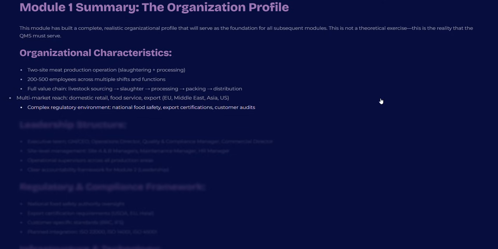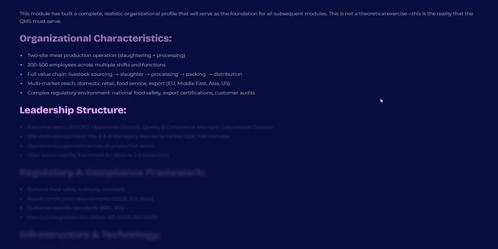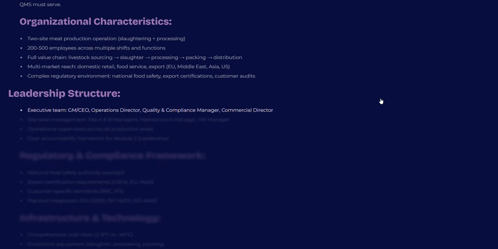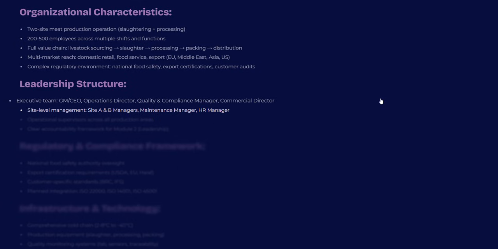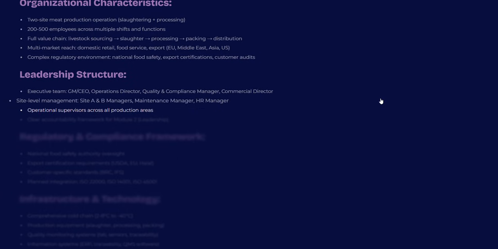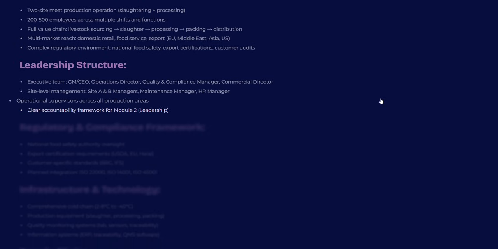Complex regulatory environment, national food safety, export certification, customer audits, leadership structure, executive team, from CEO to operation director to quality compliance to commercial director, and also site level management and operational supervisors across all areas, and clear accountability framework for Model 2 leadership.